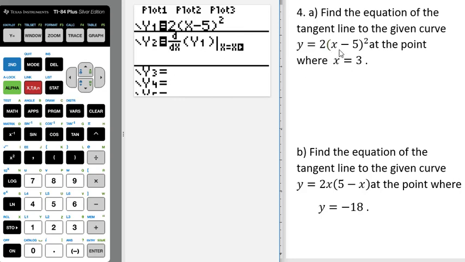We know that the slope of a tangent line means the first derivative. So y1 is the original function. y2, that's basically y prime, the first derivative of y1.